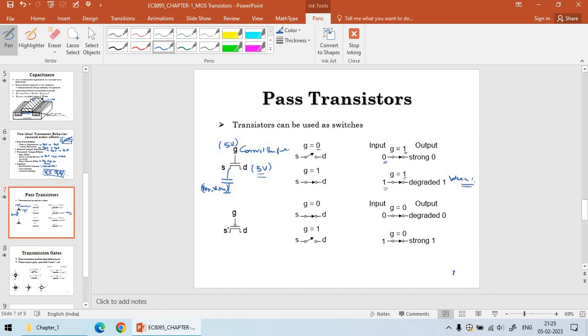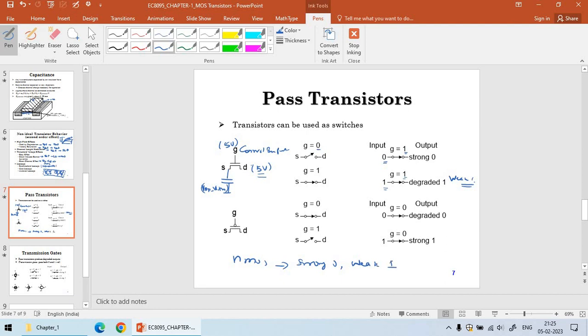And if you take PMOS, this is source, this is gate and drain, and if you give gate equal to 0, the switch is closed. When the switch is closed and you pass 0, it is going to be a degraded 0, and when the switch is closed and you give 1, it is going to pass it as a strong 1. So NMOS: strong 0, weak 1.